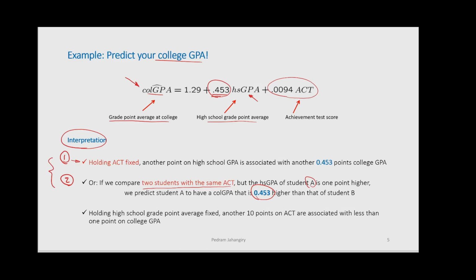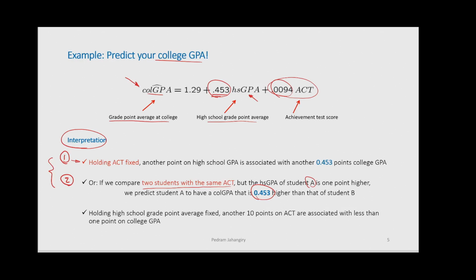Okay, and now let's interpret this one, 0.0094. Holding high school GPA fixed, a 1 unit increase in ACT will lead to a 0.0094 unit increase in college GPA.